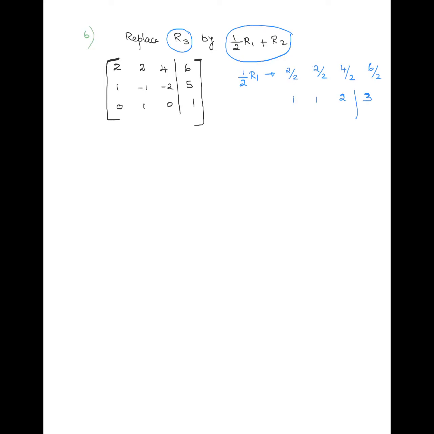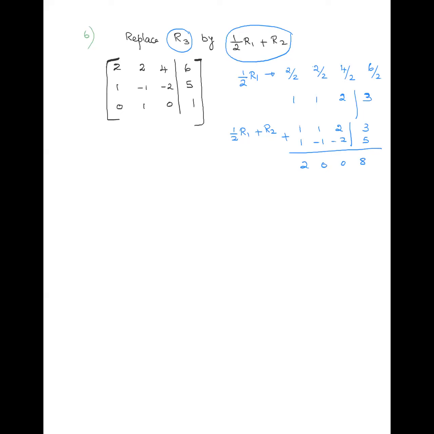Okay, so now we have to add 1/2 R1 plus R2. So this is 1/2 R1, which let's write it down. And R2 is 1, -1, -2, 5. So now we have to add these two. So we get 2, 0, 0, 8.